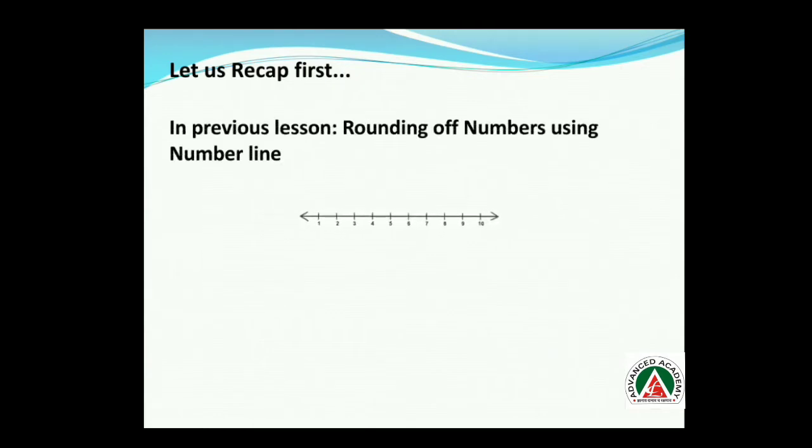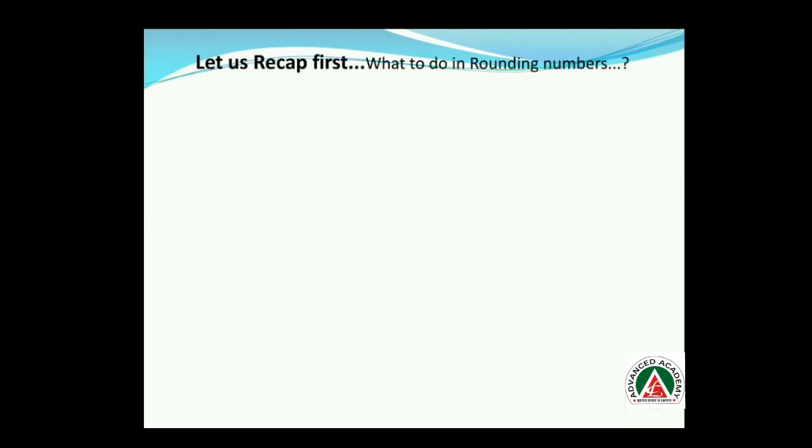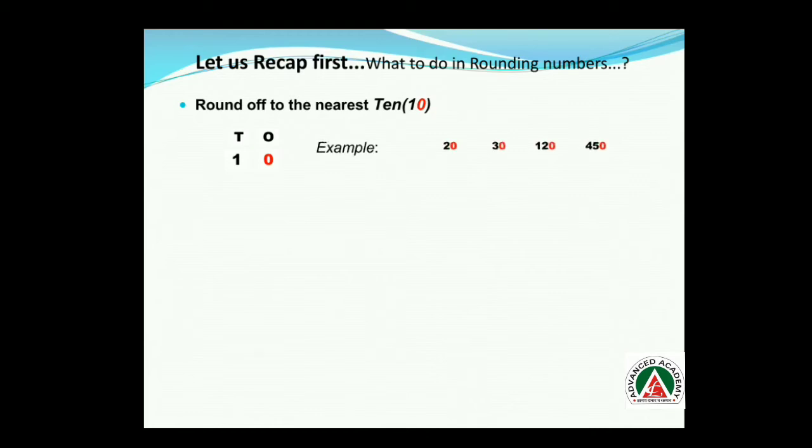In the previous lesson, we learned rounding numbers using a number line, and we also learned what we can notice whenever we round any number to the nearest 10, 100 and 1000. If we round any number to the nearest tens, in the ones place there will always be 0.